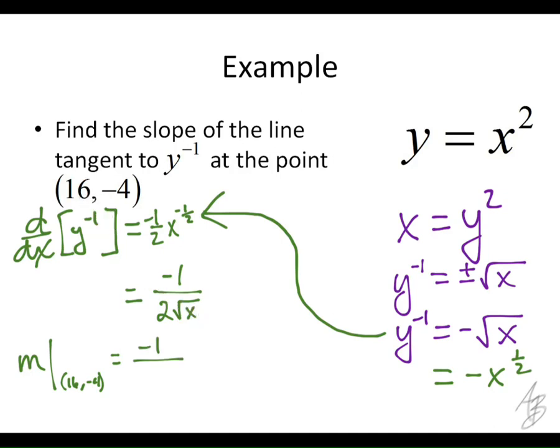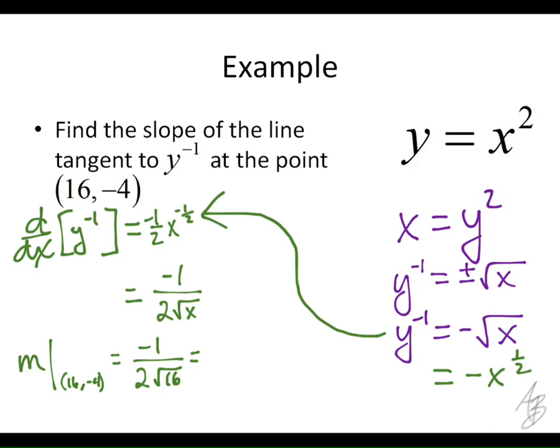One thing I want you to notice, this 16, negative 4, that's a point on what? Is that a point on the function or the inverse? That's a point on the inverse, yeah. And if you're not really sure, you could plug it in and see what happens. If we put 16 in for x here, we'd get 256 for y, right? And that's not quite equal to negative 4. I know it's close.